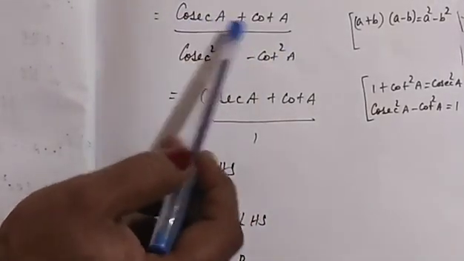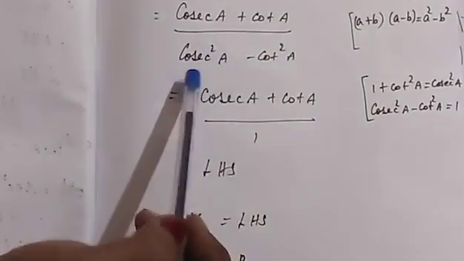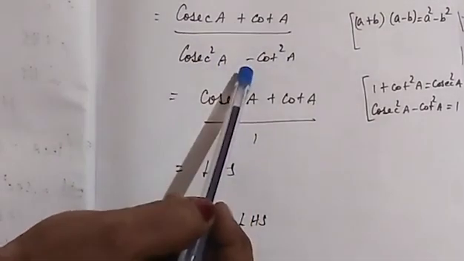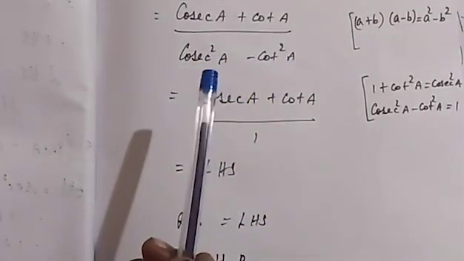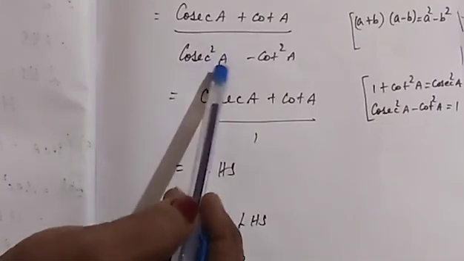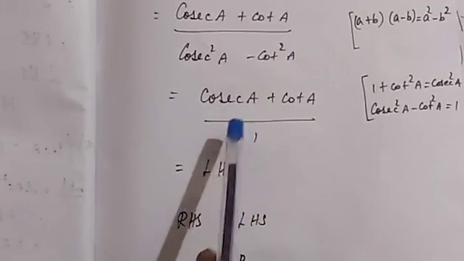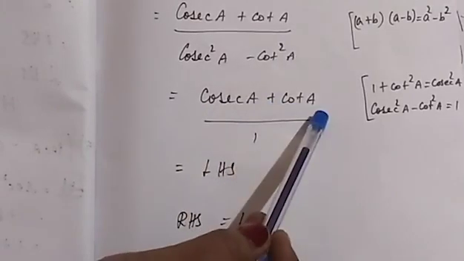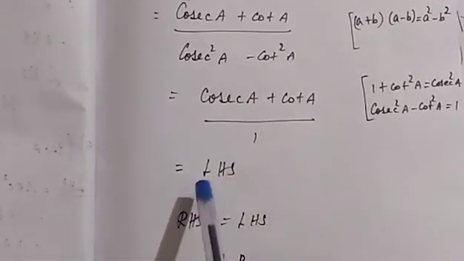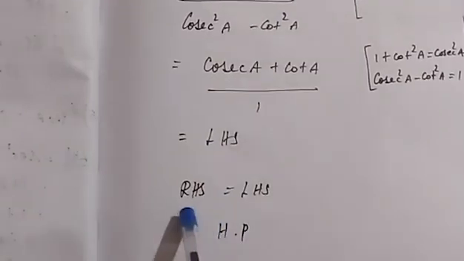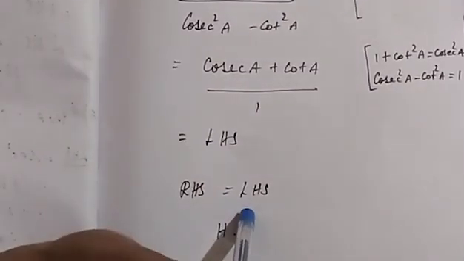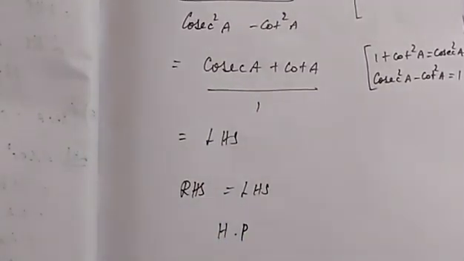So cosecant A plus cot A upon cosecant squared A minus cot squared A. And you know cosecant squared A minus cot squared A is equal to 1. So you will get cosecant A plus cot A upon 1, that is left hand side. So right hand side is equal to left hand side, hence proved.